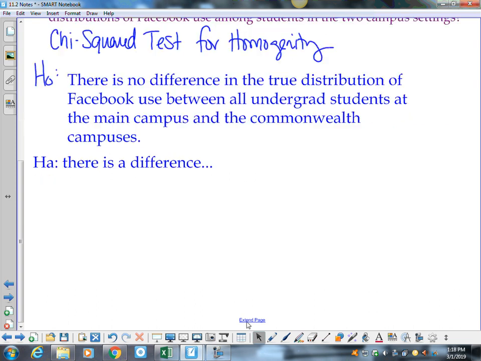Okay, what else do we need to establish right here? Level of significance. Then you need to go to your conditions. You should always go to your conditions. Yes, technically you should. I can't ever remember that.